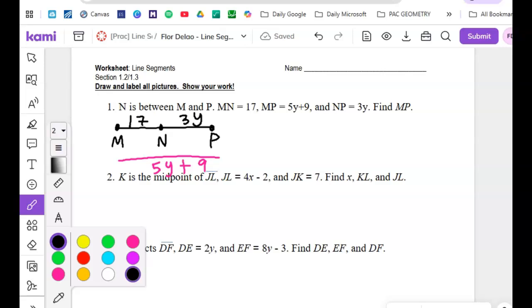What equation can I write so that I can find the length of MP? So I need to find the value of y first. What equation would you write? Try again. Good.